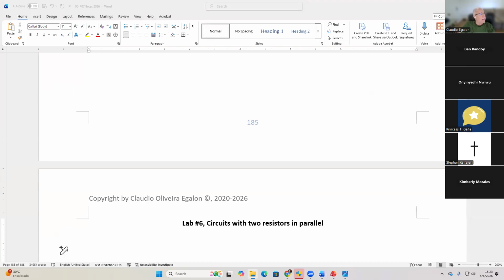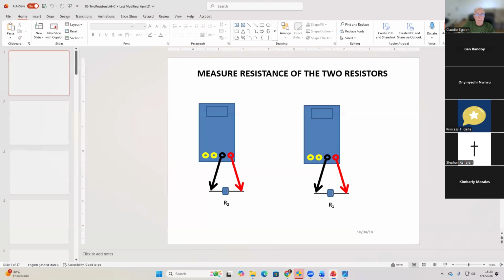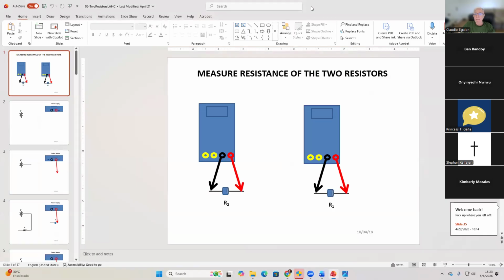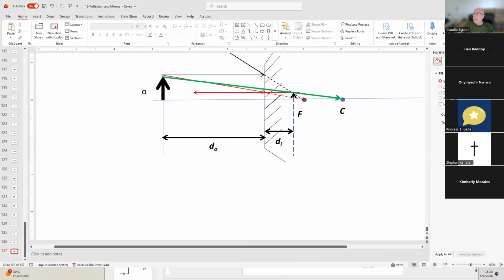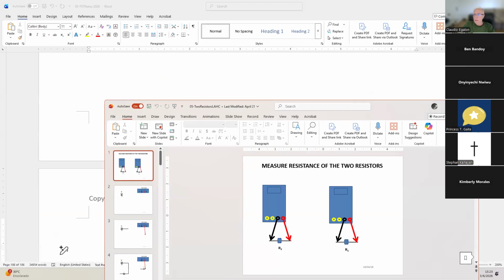Now let's get the lab slides. Two resistors. Close that. Good.